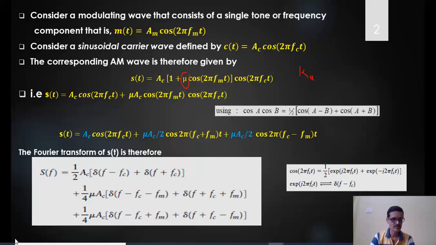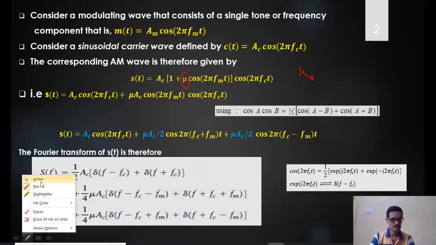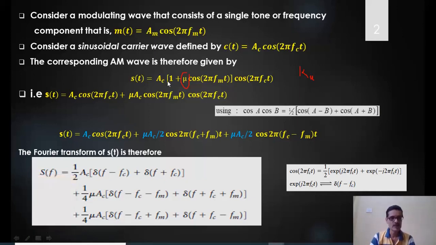Now when I multiply these components over here, I get two terms: Ac cos 2 pi fct from the first one, and the second term is mu Ac cos 2 pi fmt cos 2 pi fct.